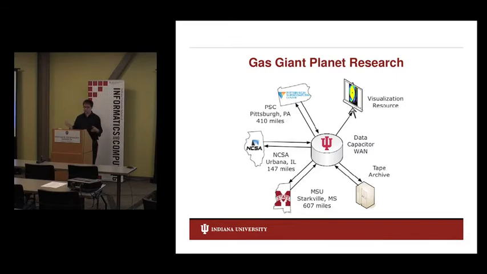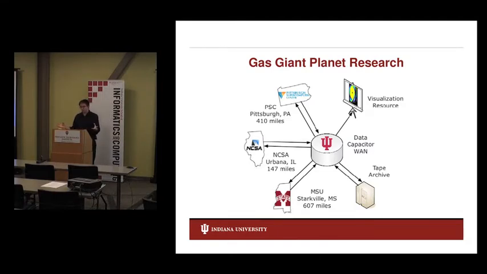Then he can use a visualization resource to tell if his simulations are doing what he wants, or what he expected, or along those lines. And actually, since the data is being written to DC WAN and the visualization resource also mounts DC WAN, he can, while the simulation is running, look at the results that are coming in already and see if this simulation is going in the right direction, if he needs to stop it, if he needs to restart it with different initial conditions.